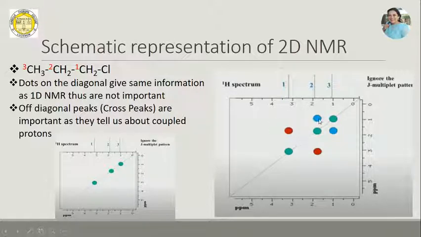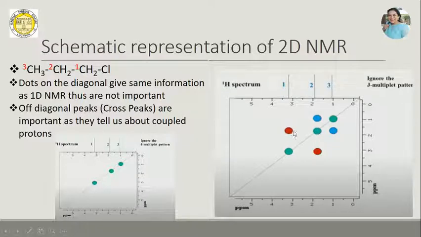Let us look at the blue dot. What does the blue dot tell us? The blue dot is telling us that the peak of proton 3 is related to the peak of proton 2. That means proton 2 and 3 are coupled.